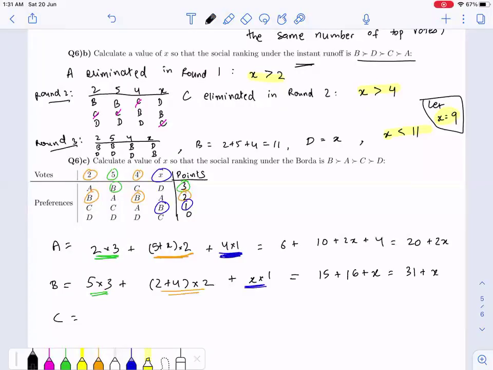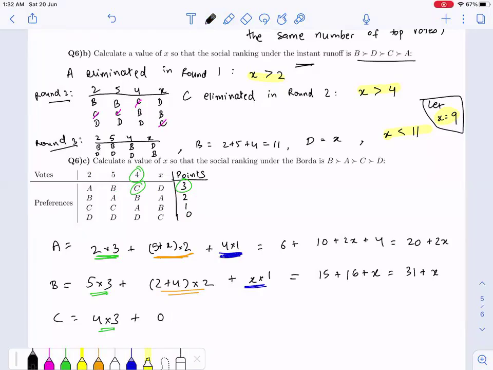Let's do the same thing for C. So 4 voters voted C as their top choice, so 4 times 3, plus no voter voted C as their second top choice.